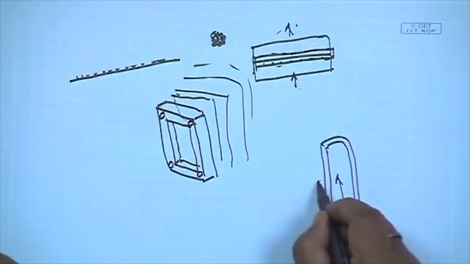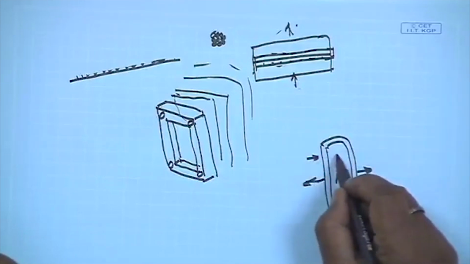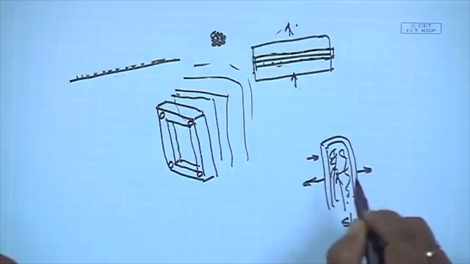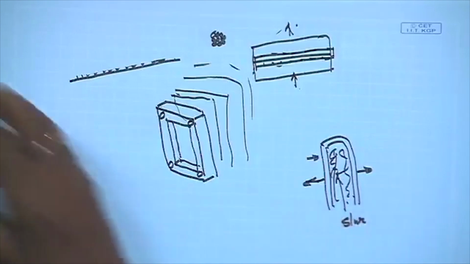Then what will happen is that with the pressure, the liquid will come out like this, and the solid material accumulates inside the thick cotton pad. When it is full, you stop the operation and take this out.